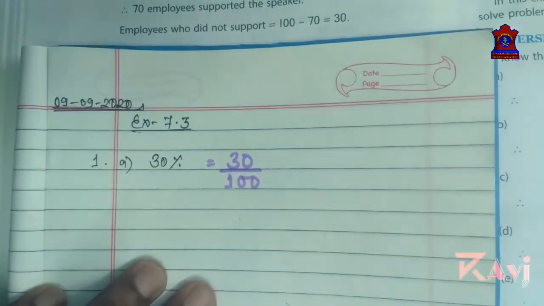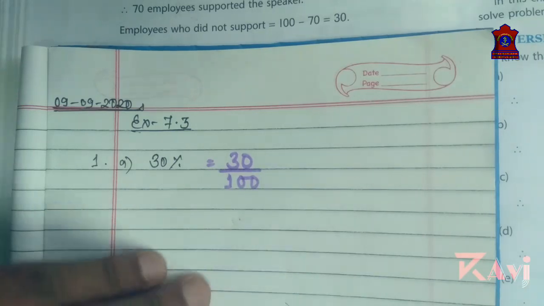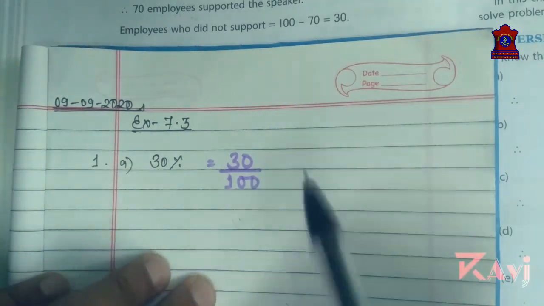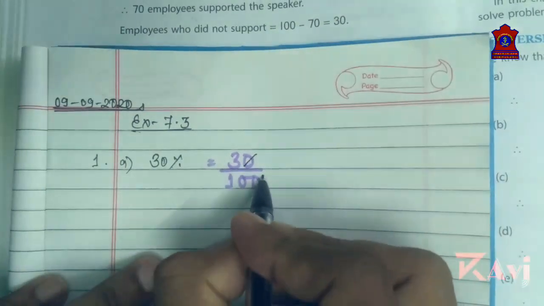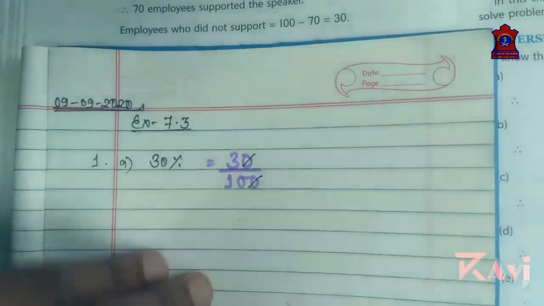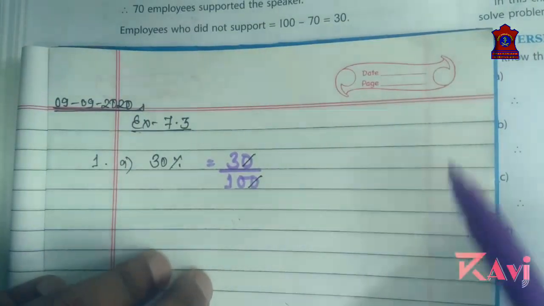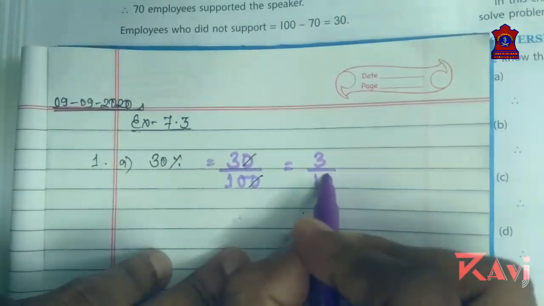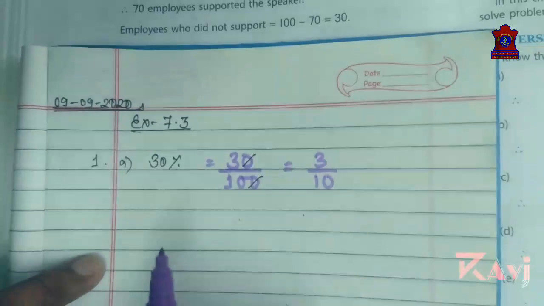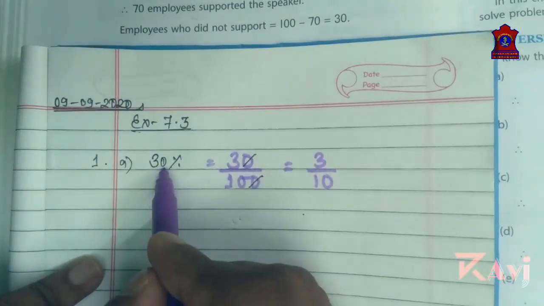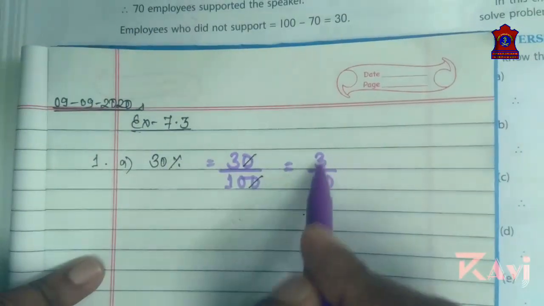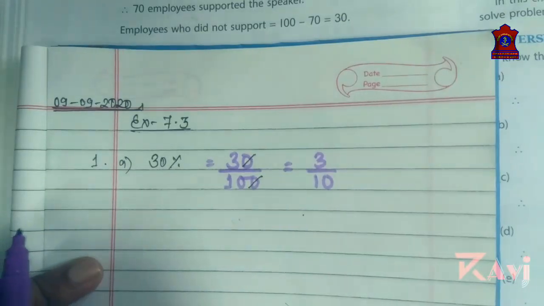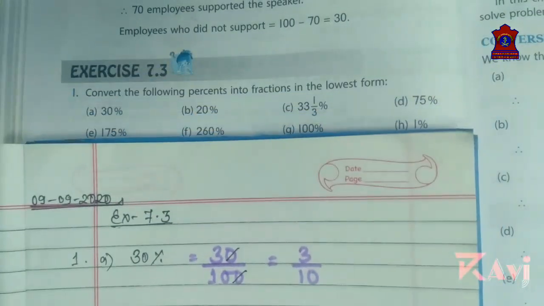Can we reduce this to the lowest term? Yes, we can remove zeros. See what we are getting here? 3 upon 10. So 30% can be written as 3 by 10 as a fraction. Clear? We'll do one more question.